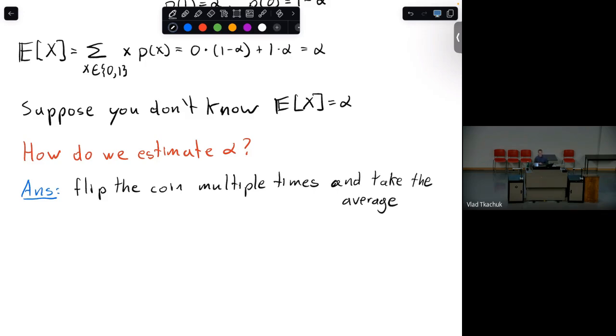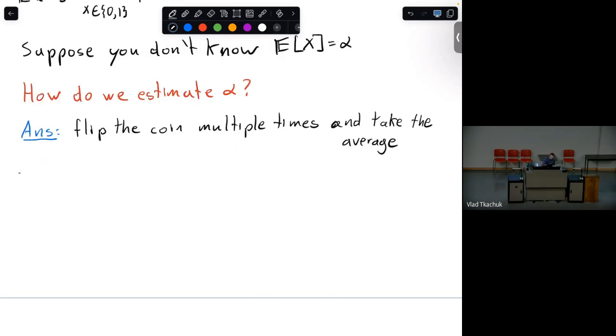And the way we're going to talk about this is we're going to define a new random variable called z. This z is going to be a multivariate random variable of n coin flips. So it's going to have x1 all the way up to xn. Each one of these represents the random value of coin flip number 1, 2, 3, up to n. So we've done n coin flips. Each of them is random.